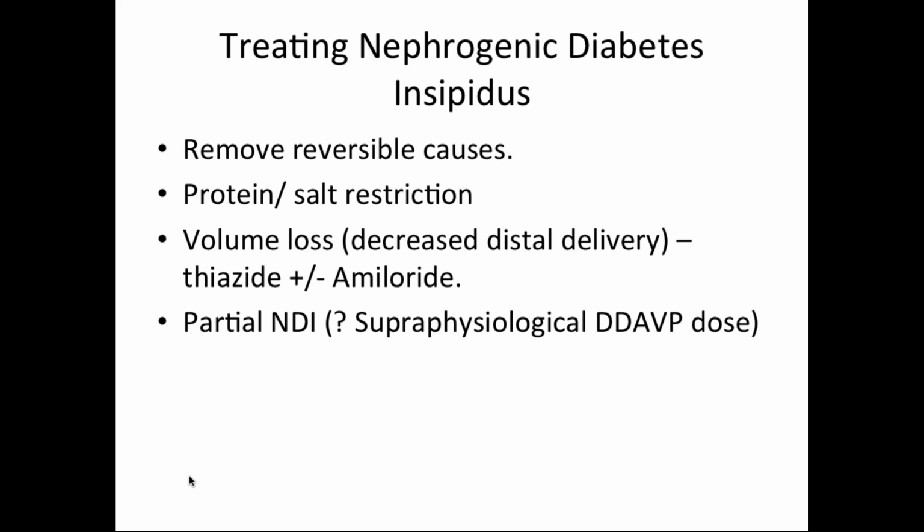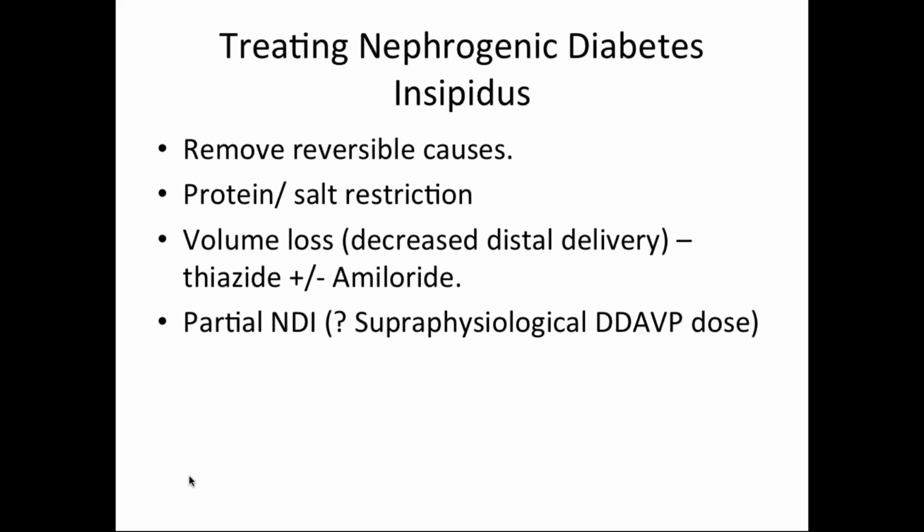Then the last question we have, again from Dr. Sumantra Raut, is the role of thiazide versus NSAID in nephrogenic diabetes insipidus. Both have been used. We talked about how thiazide works and why it works in nephrogenic DI. NSAIDs have been used as well. Being a nephrologist, anytime someone says you have to give NSAIDs daily for someone who has nephrogenic diabetes insipidus, my heart rate goes up a little.